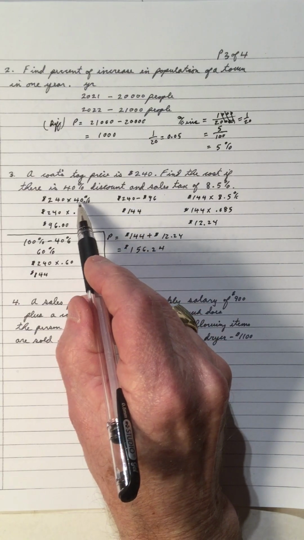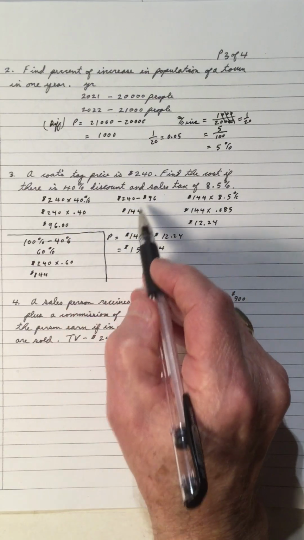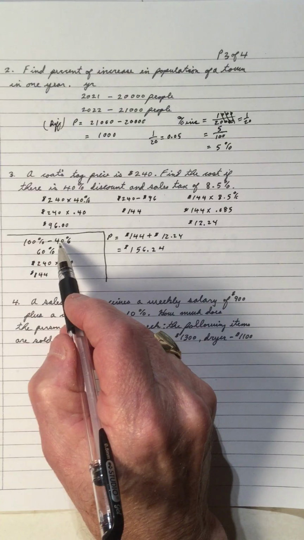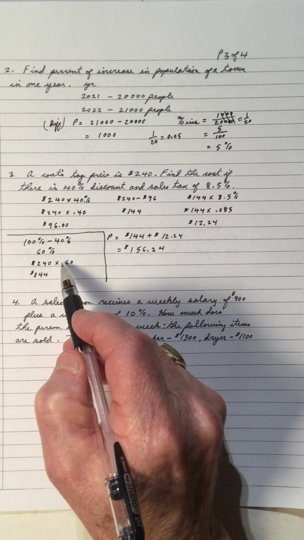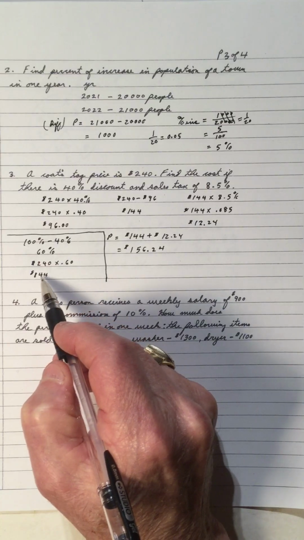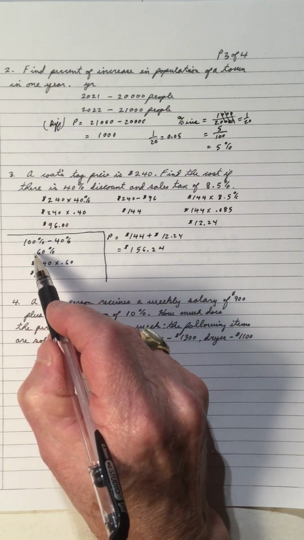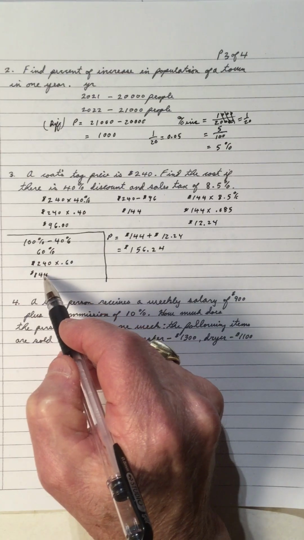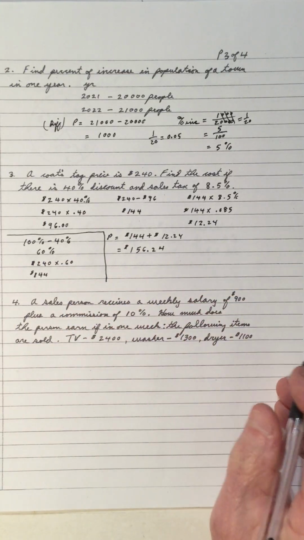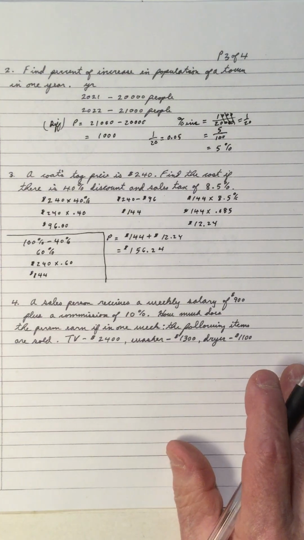Again, 40% is your discount, take it off. If you subtract your percent, you're only paying 60%, and 60% is 144. So it's easier to subtract the percent and then multiply by that percentage, and you'll get it much faster. That's the way I do it when I go to stores.